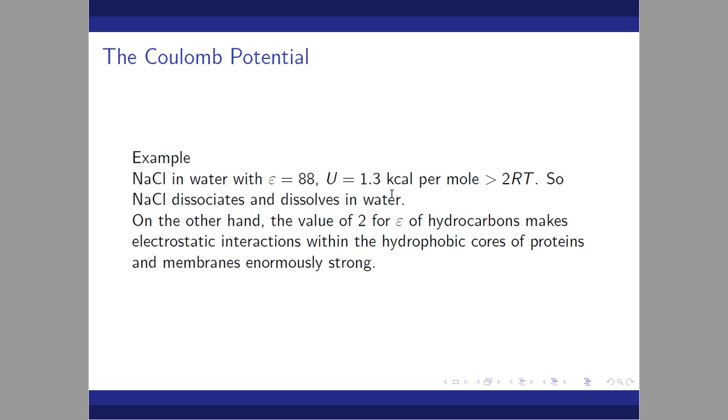It will not be like a salt, but will be in ions, Na plus and Cl minus. On the other hand, if the value of epsilon is 2, for hydrocarbon, it makes electrostatic interaction within the hydrophobic core of protein and membrane enormously strong. So with epsilon 2, U increases, and the potential will be increased.